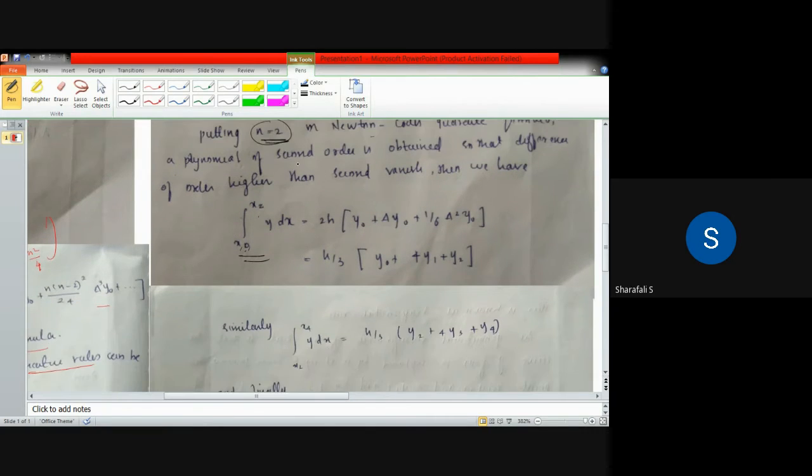If you substitute n equal to 2, you will get 2h times y0 plus delta y0 plus 1 by 6 times delta square y0. So this is the equation.